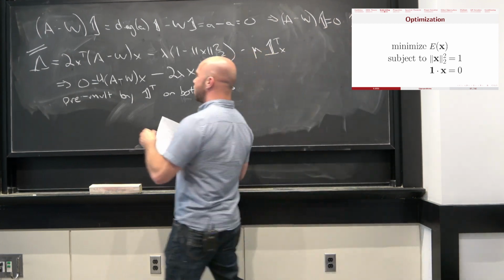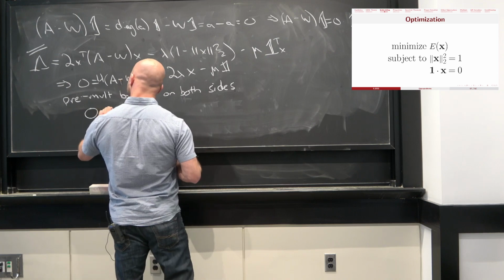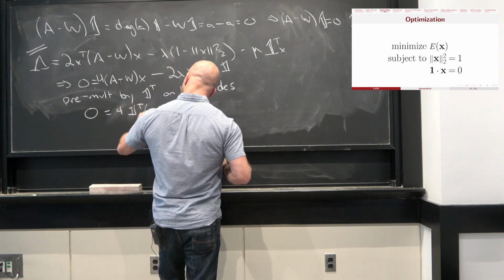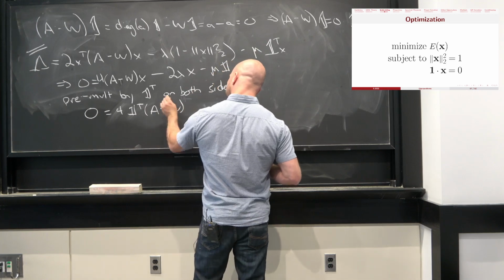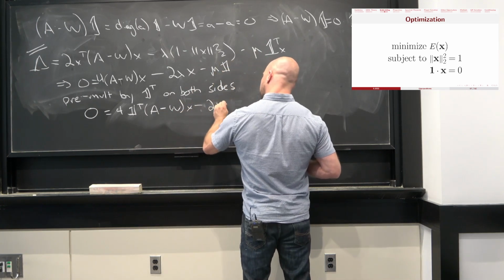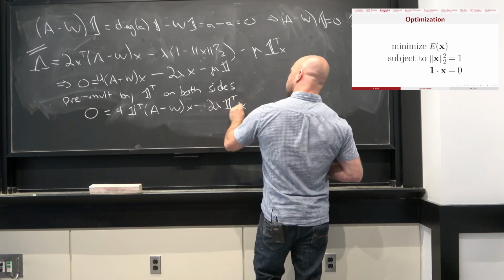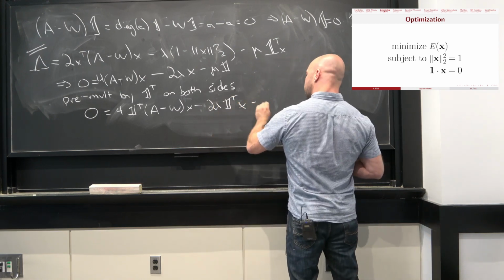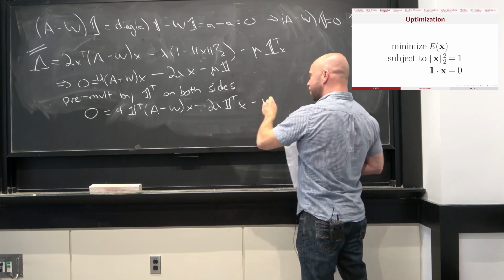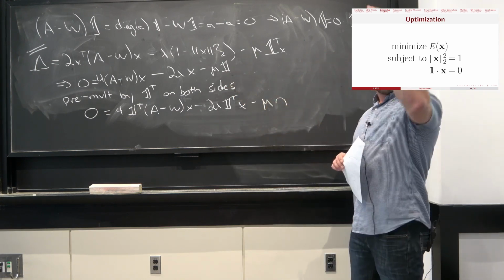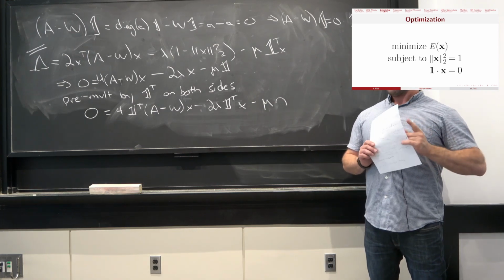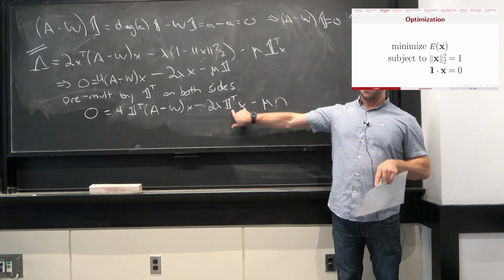I'll get 0 is equal to 4 times 1 transpose (A minus W) x, minus 2 lambda times 1 transpose x, minus mu times 1 transpose 1. This last term is the dot product of the vector of all ones with itself, so that's just n, because it's 1 plus 1 plus 1 plus 1 and so on.